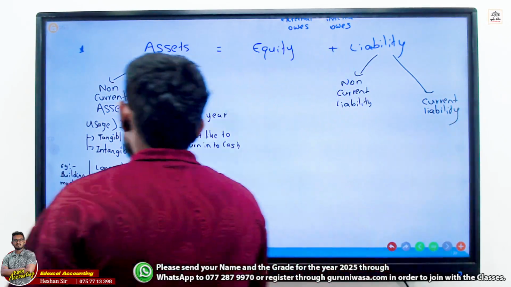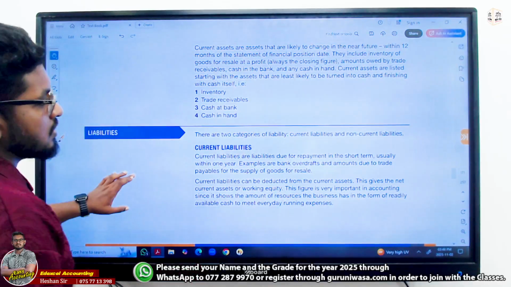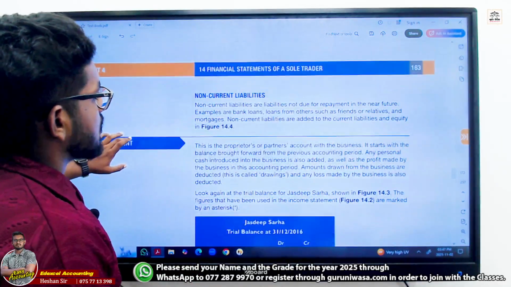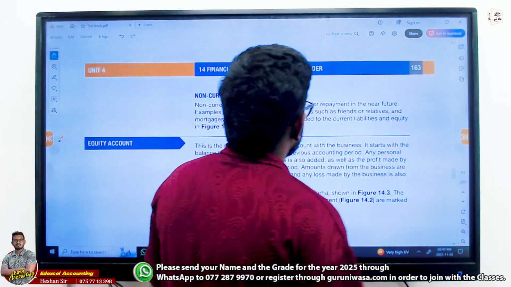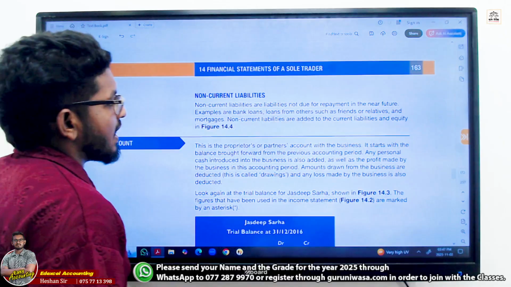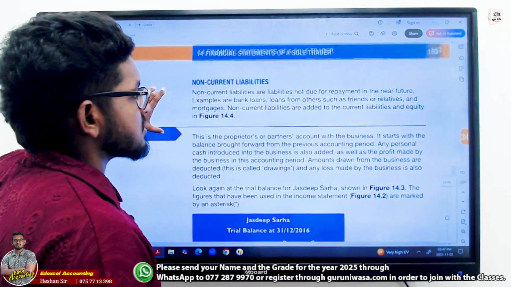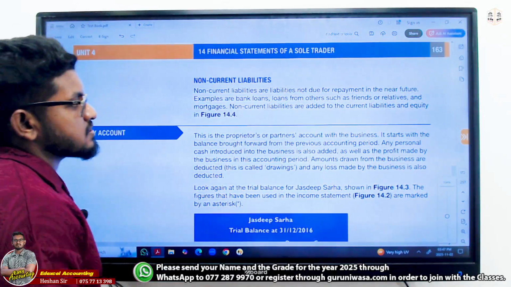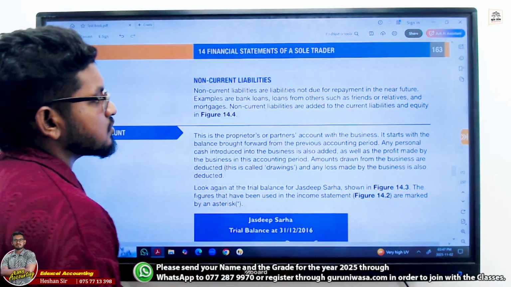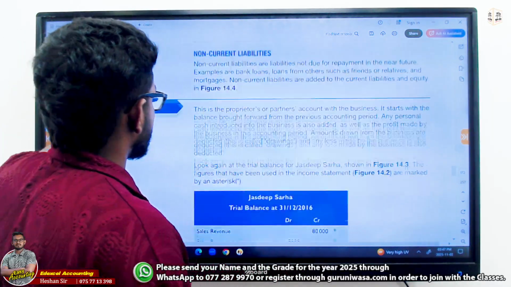Let's see what the terms non-current liability and current liability mean. Non-current liabilities are liabilities that are not due for repayment in the near future. Examples: bank loan, loans from others such as friends or relatives, and mortgage. Non-current liabilities are added to the current liabilities and equity in figure 14.4.